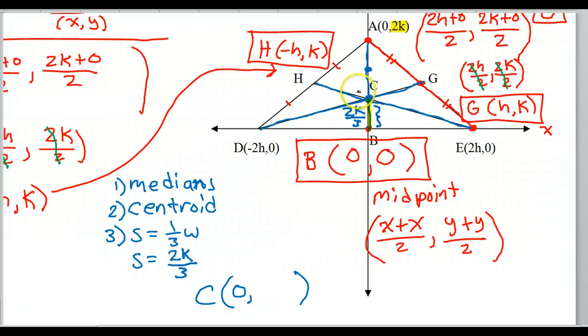So that means point C is at 0, 2k over 3. Again, it's because this is the centroid. So the small piece is 1/3 of the whole thing. The whole thing is 2k. So if I divide that by 3 to get this little piece, I just leave it as 2k divided by 3. 2k over 3.